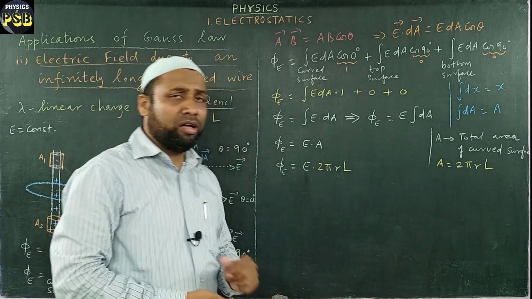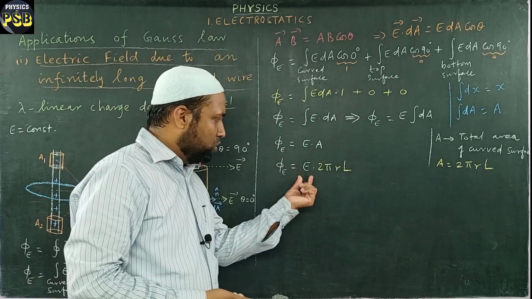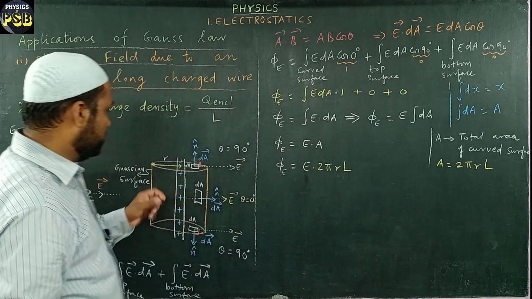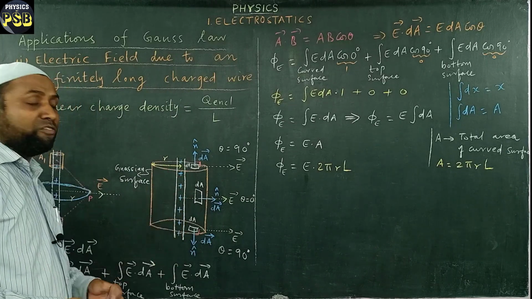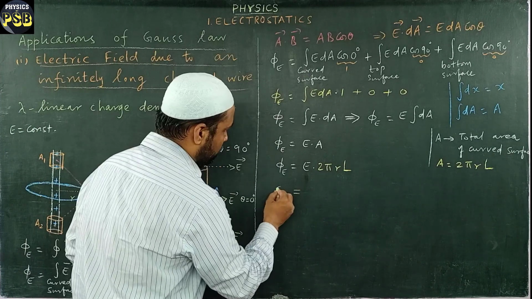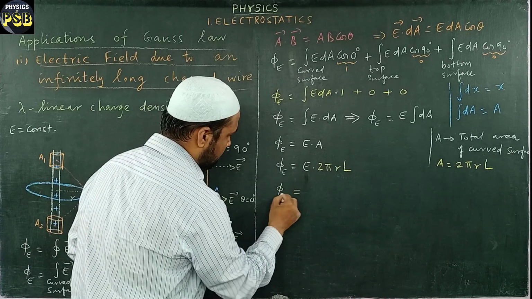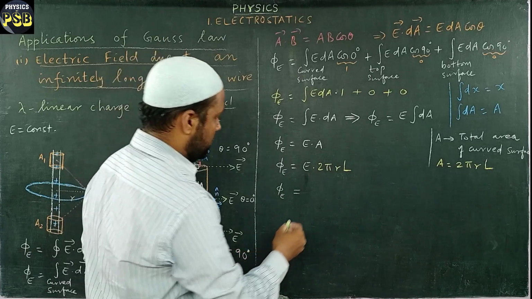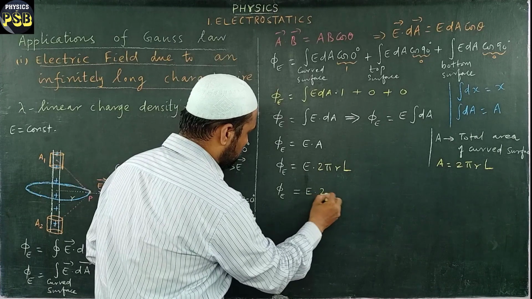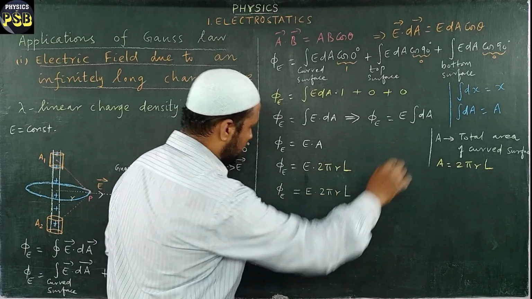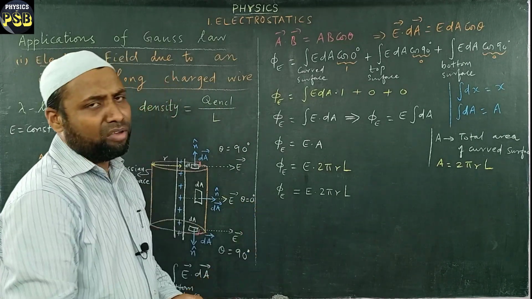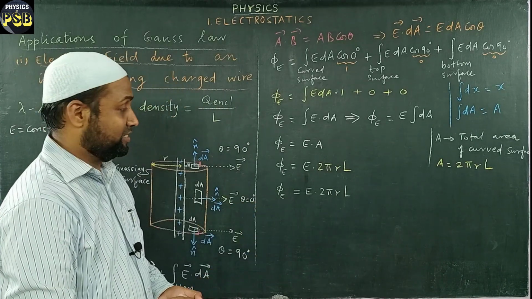Now we are very close to get the value of E. Our aim is to get the electric field due to this charge carrying infinite long wire. Phi E is E 2 pi r L. And what is this phi E here? Phi E is nothing but electric flux.